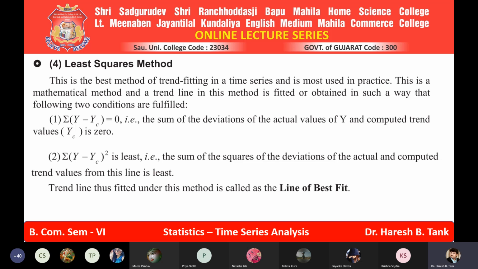What is the standard form of a linear equation? I am asking because you have already done it. You have already passed through it in regression analysis.